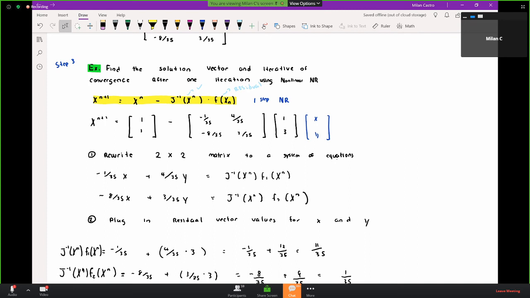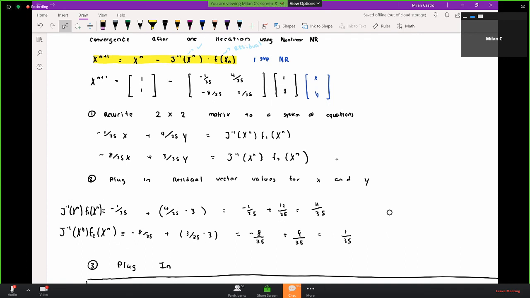I ended up getting -1/35 x plus 4/35 y is going to equal the inverse Jacobian times f1 of xn, and then we have -8/35 x plus 3/35 y is going to equal our inverse Jacobian times our residual vector 2. So now that we have that, we're going to plug in our residual vector values for x and y. Sorry for my notation, it got a little ugly. I didn't know what to call this.